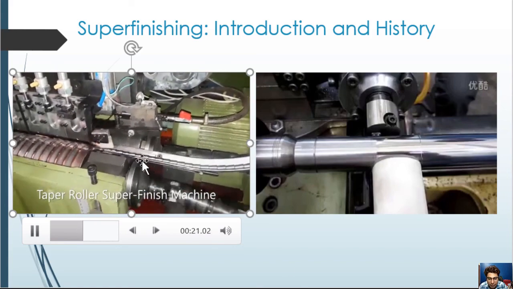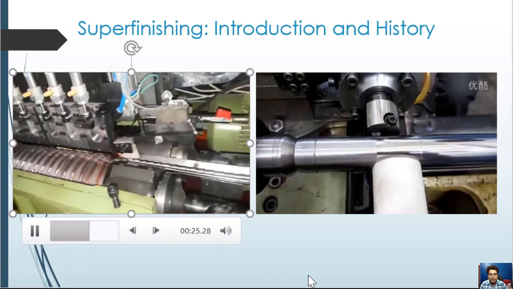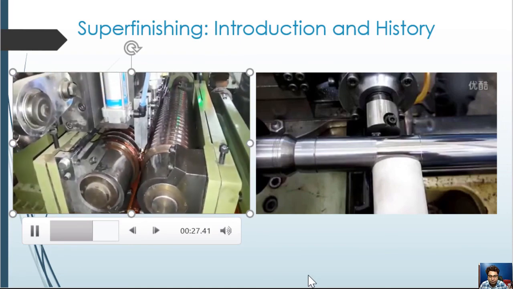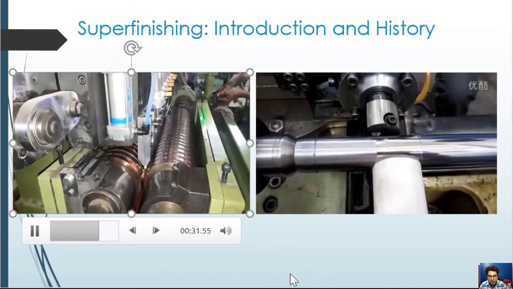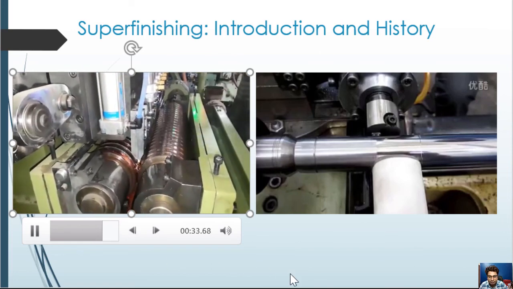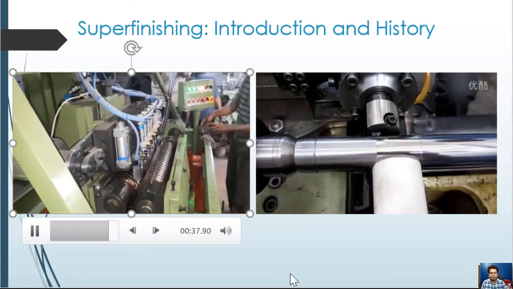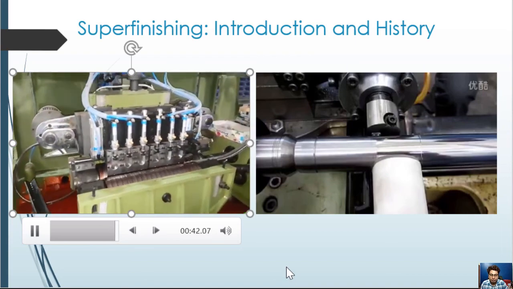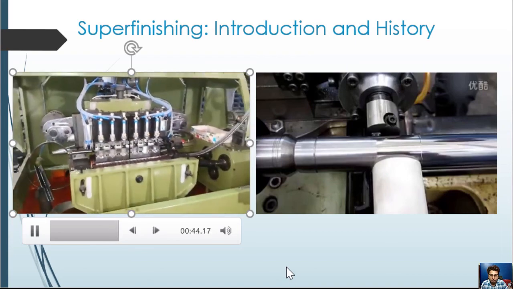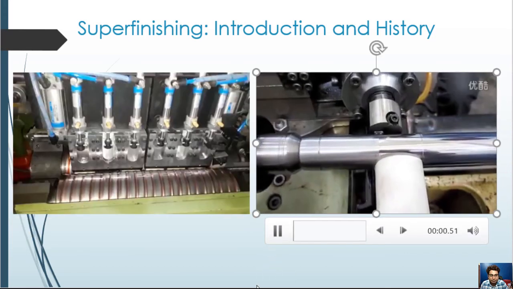The workpieces are being fed for superfinishing. The workpieces are coming out after the process has been completed. Let us see another example of the process.